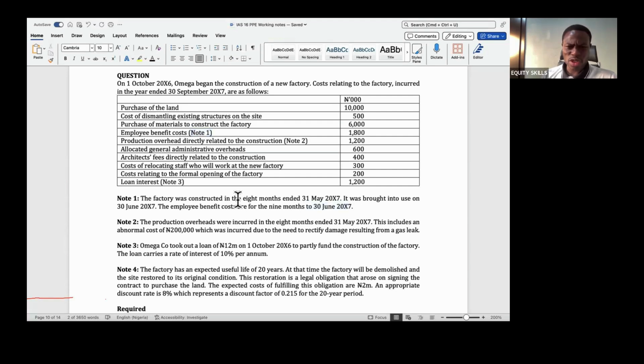Okay, so this employee benefit cost they gave us is for 9 months, and the construction really took 8 months.